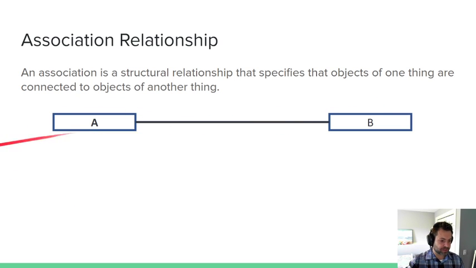We also have associations here. So solid line with no direction. This is where you can start adding, I think they're called adornments, where you add little bits of text on the line. Like you can have multiplicity, how many of A relates to B. Or you can have constraints or guards on here.